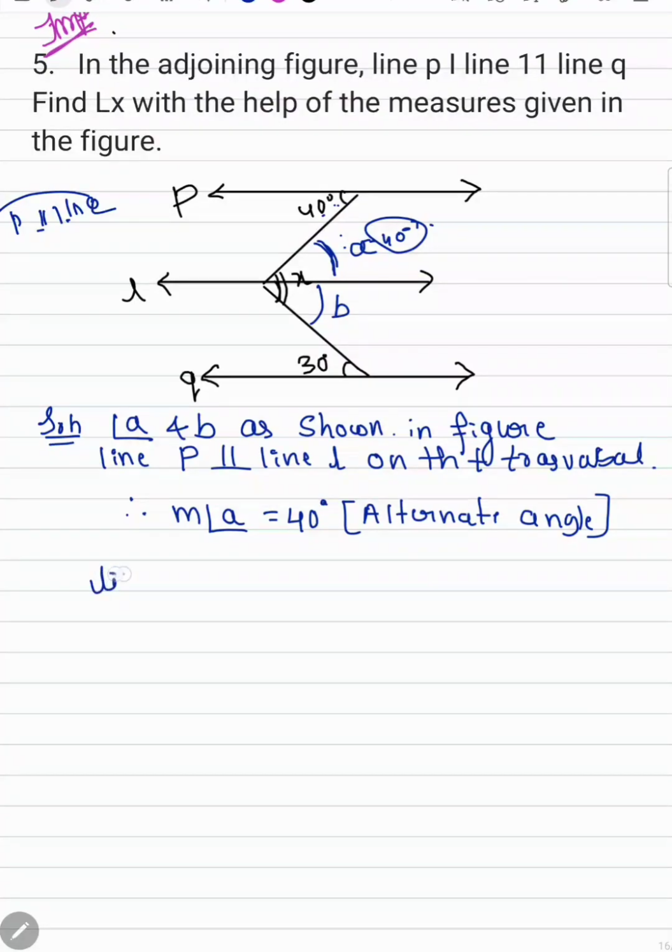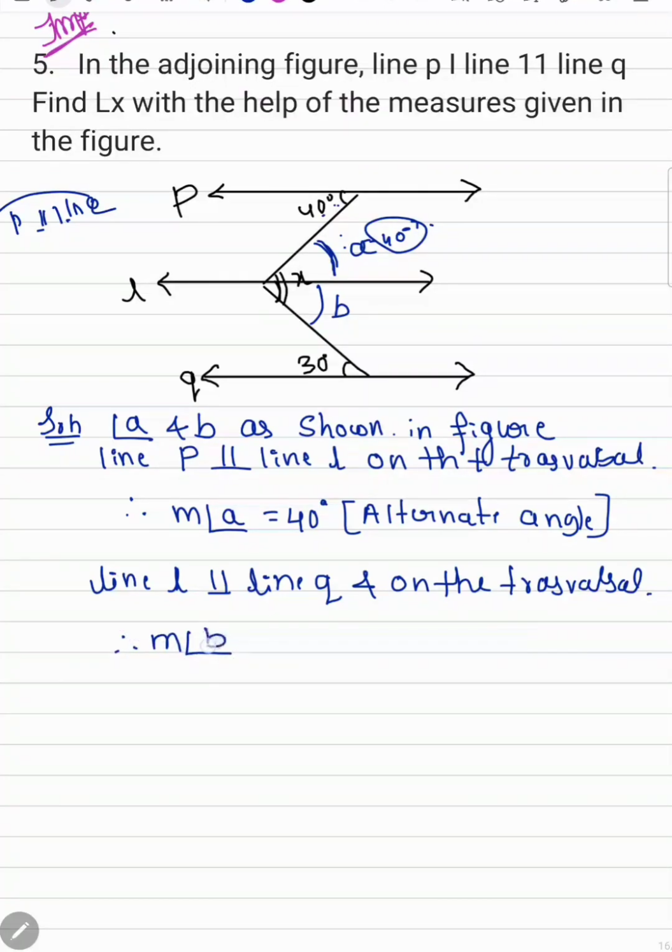Then here we write line L is perpendicular to line Q, and here on the transversal. Then measure of angle B. It is also alternate. Which one?